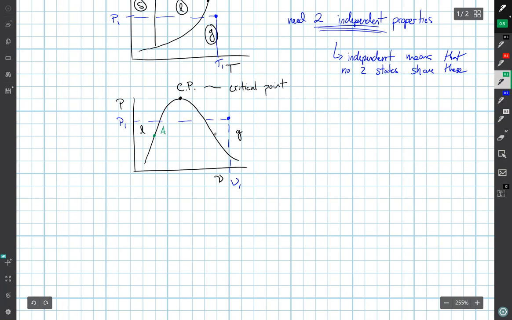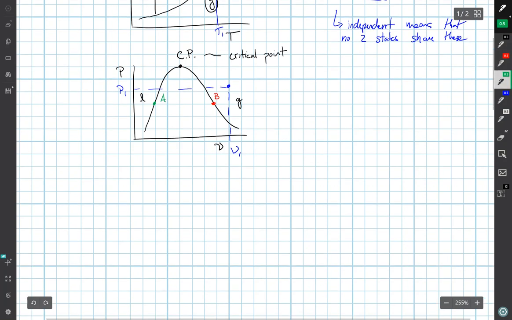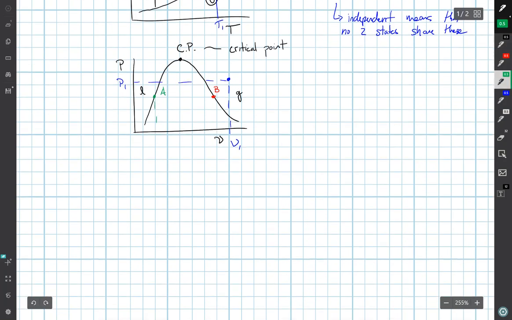So point A, and here in red, point B. For point A, it could be defined by PA, the specific volume of A, and say the temperature of A. There are other things we could define too, like the enthalpy, entropy, and internal energy.